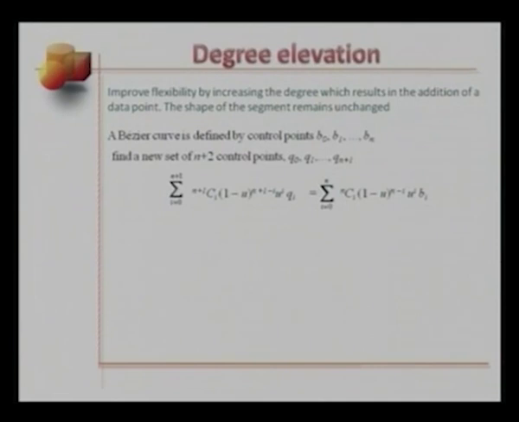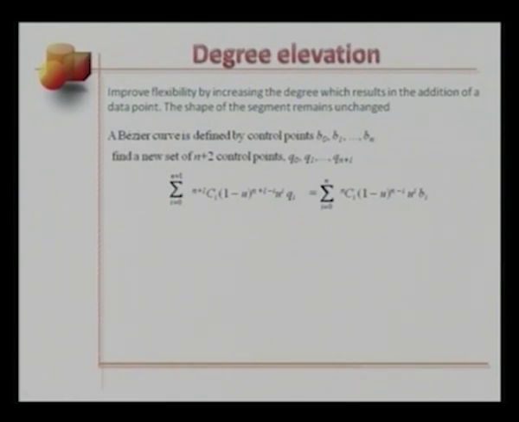Here, we need to do a little mathematical trick. Notice that this polynomial here is of degree n plus 1, while this polynomial here is of degree n. How do I make this polynomial of degree n plus 1? Intriguing, isn't it?